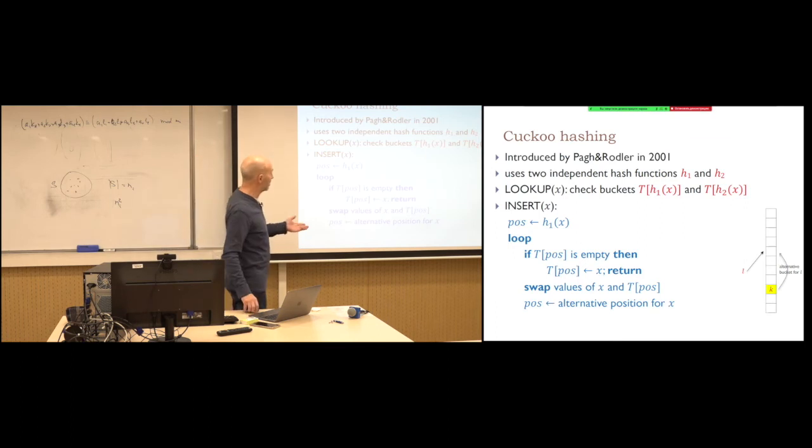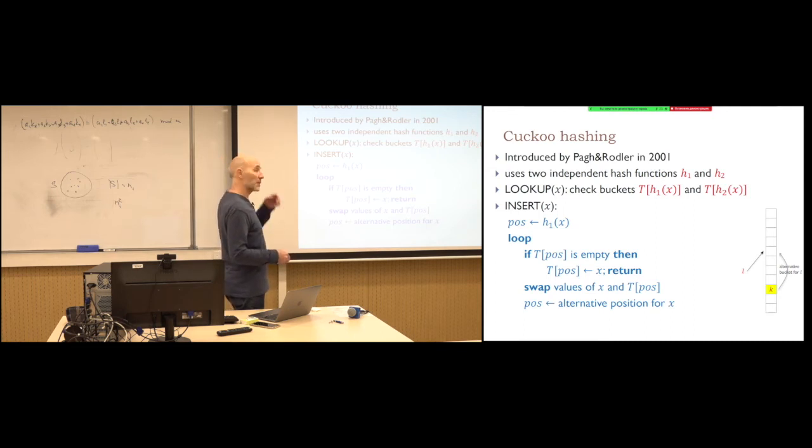So what is the problem here? The problem is that we can run into a loop, right? We try to move one object to another place, and then the object that was there, we try to move back to the previous place, so we can run into some loop.